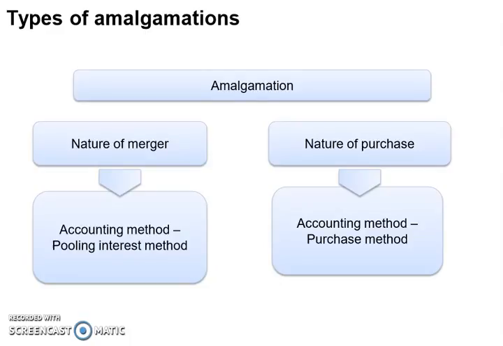The pooling of interest method would be followed in terms of accounting for such kind of amalgamation. And the purchase method would be followed for accounting of amalgamation in the nature of purchase. So we don't need to give more brainstorming over here in terms of learning this: purchase method in the nature of purchase, pooling of interest method in merger.